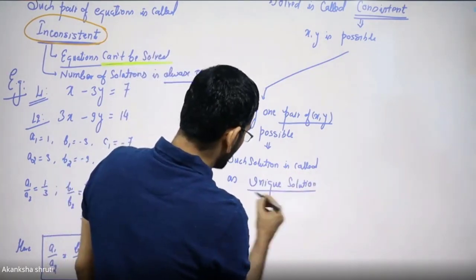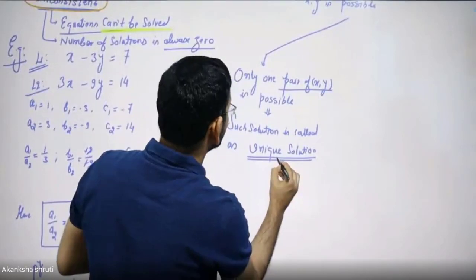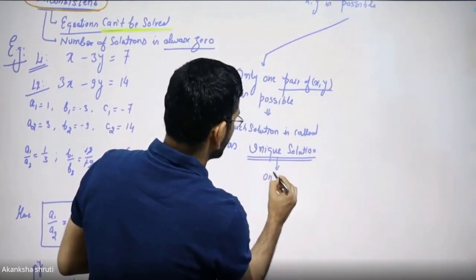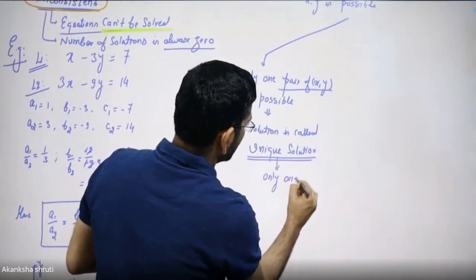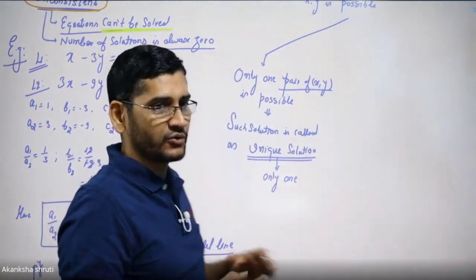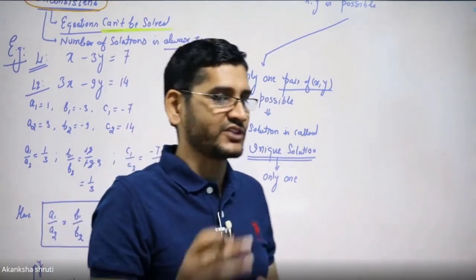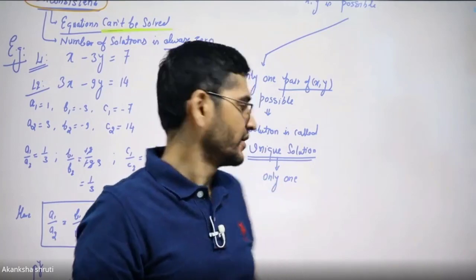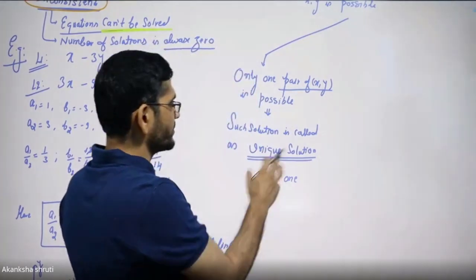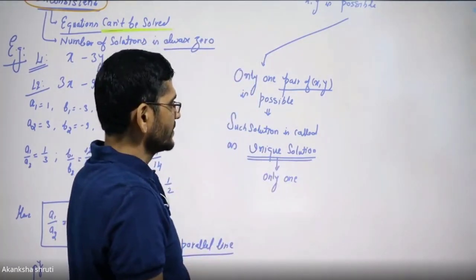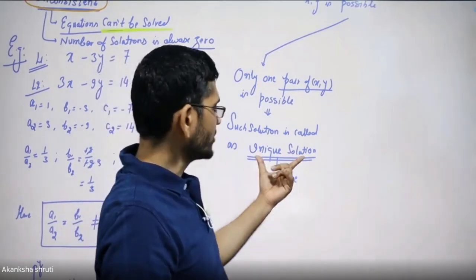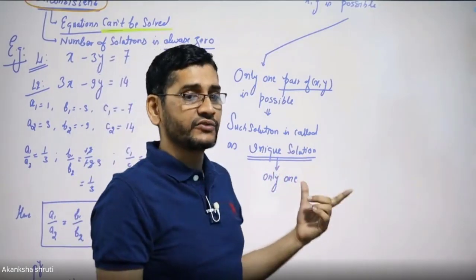Unique means only one. जिसे आप हिंदी में अद्वितीय बोलते हैं. अद्वितीय मीन्स उसका कोई मैच नहीं, वैसा फिर दोबारा नहीं होगा. That's why it is only one pair.